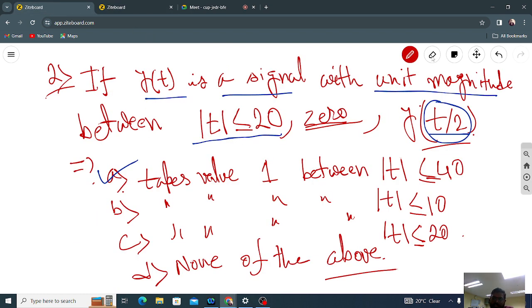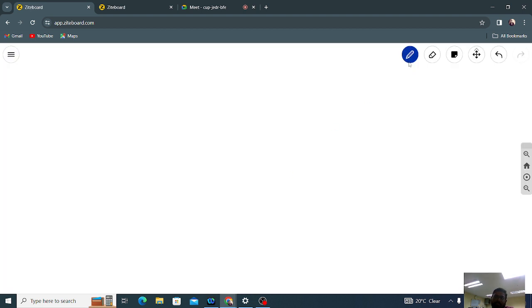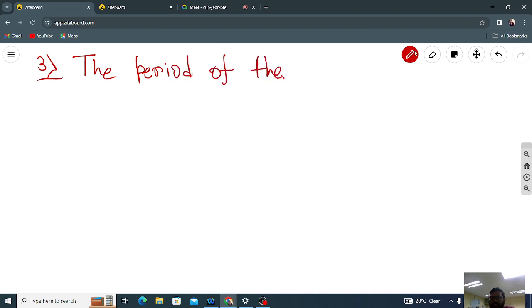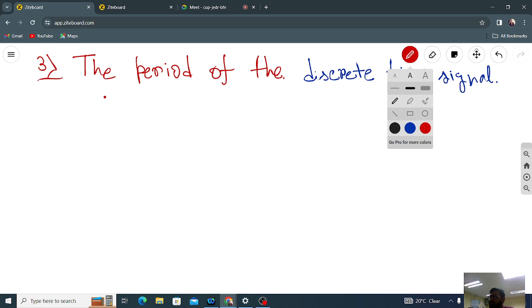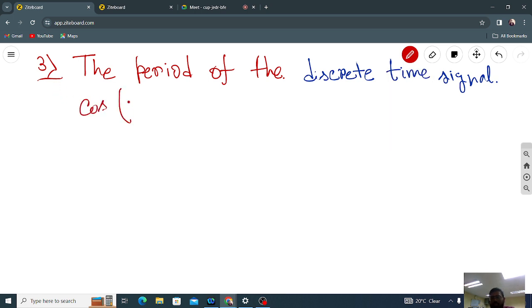Now let us go to the next question. The question is the period of the, now there is a catch, so I am writing it in blue, discrete time signal cos(2n by pi).